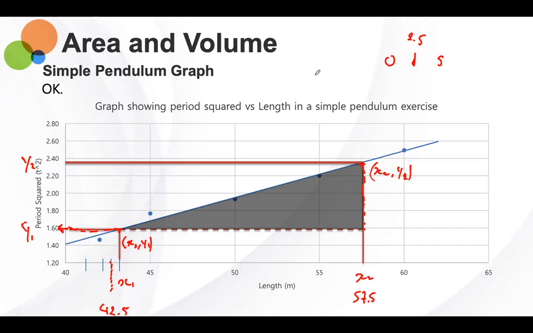Right. 42.5. Now we realize that this point is just a little bit above 42.5. What would this be approximately? 43. So x1 would be approximately 43 and x2 would be 57.5.